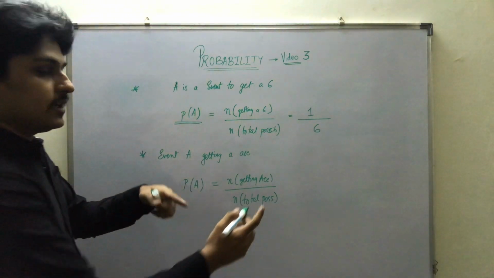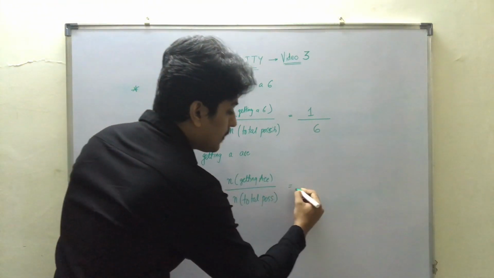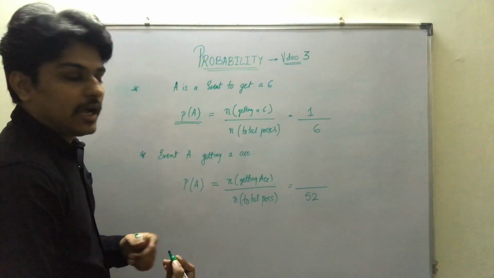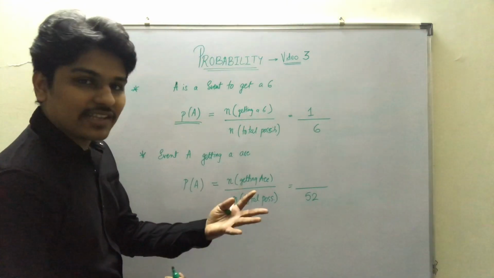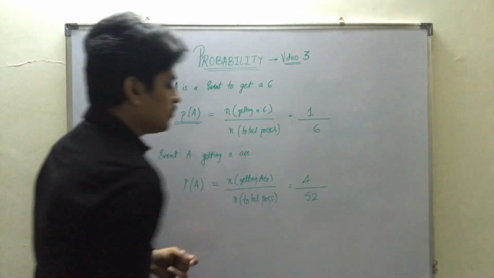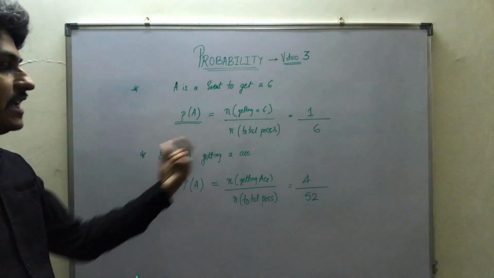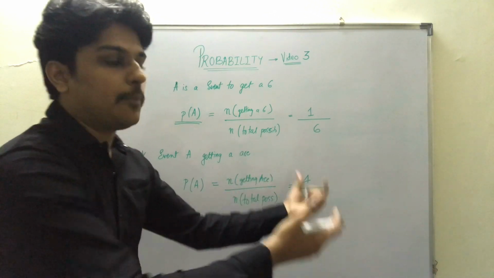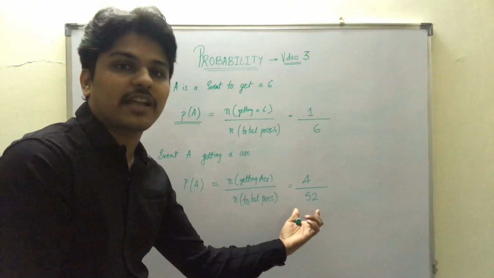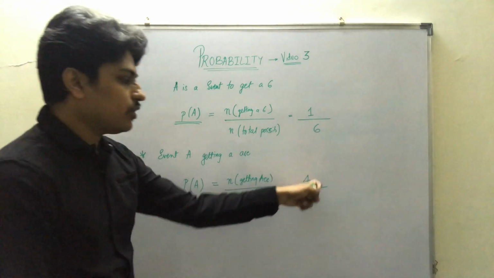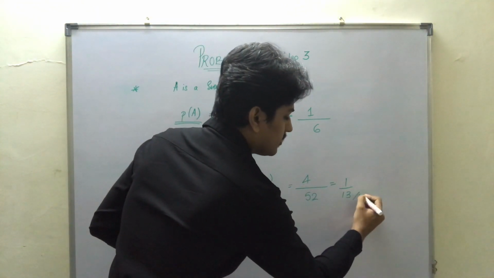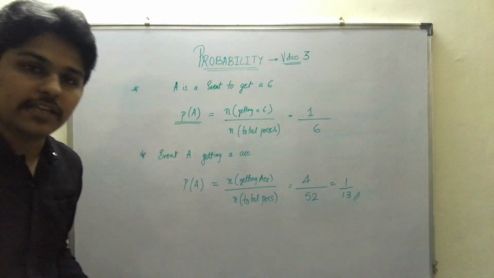I told you that the total number of cards is 52, out of which there are 4 aces. So the probability of getting an ace is the number of ways of getting an ace upon all the possible outcomes, that is 4 upon 52, which gives an answer of 1 by 13. That's the probability of getting an ace.